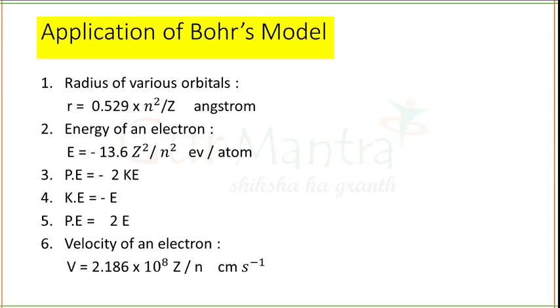So, the number one formula is about the radius of various orbits. If we want to calculate the radius of an orbit, we can simply calculate it by using this formula.